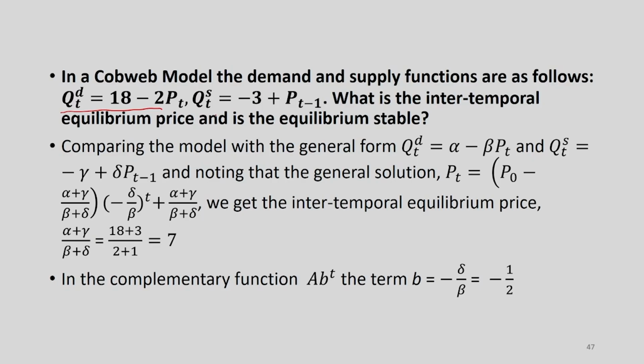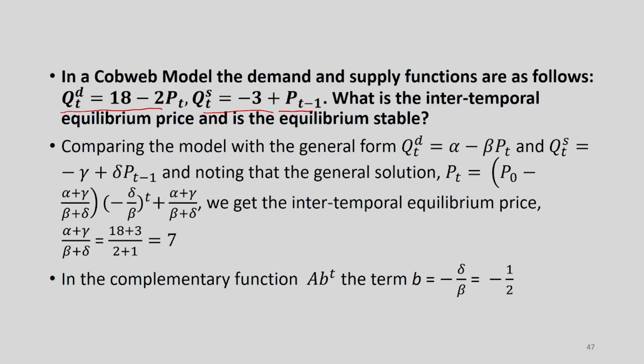And the second is the supply function, Qst is equal to minus 3 plus Pt minus 1. As you can see that here I have Pt minus 1, there is a lag of 1 period. What is the intertemporal equilibrium price and is the equilibrium stable? So, these are the two questions.